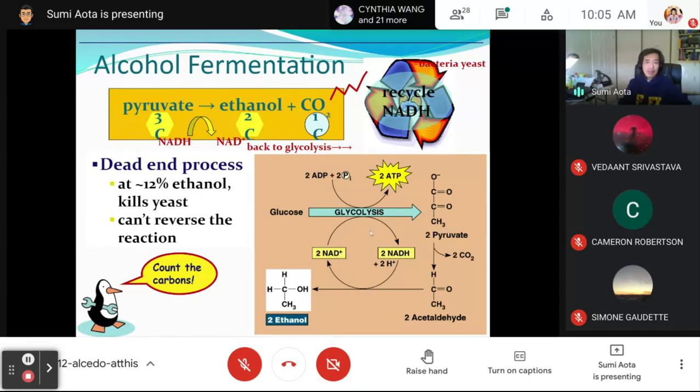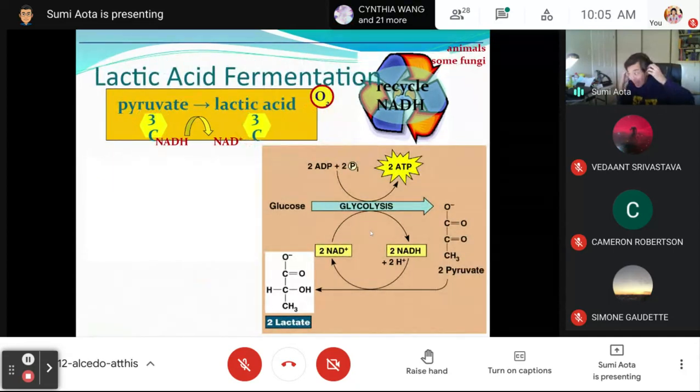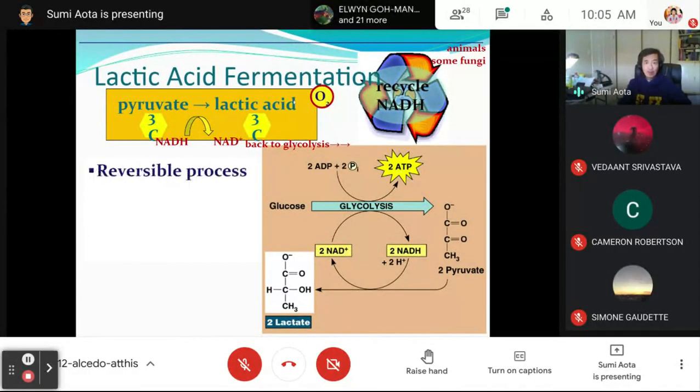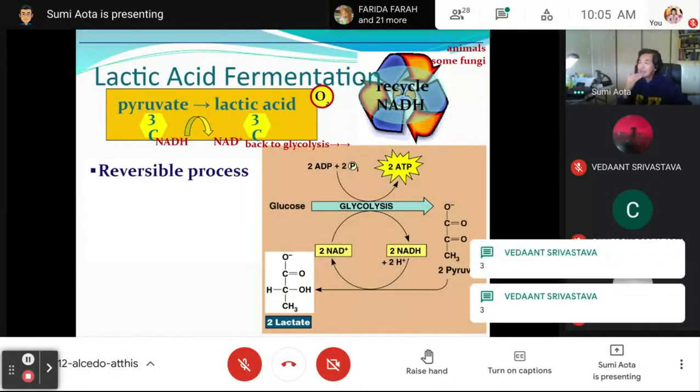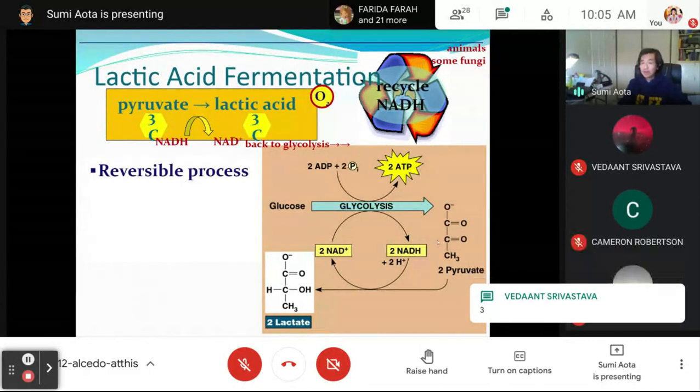Okay. But if you look at lactic acid fermentation, no oxygen present, this process is reversible. How many carbons in pyruvate and how many carbons in lactate? Since they both have three, there's no carbon loss.